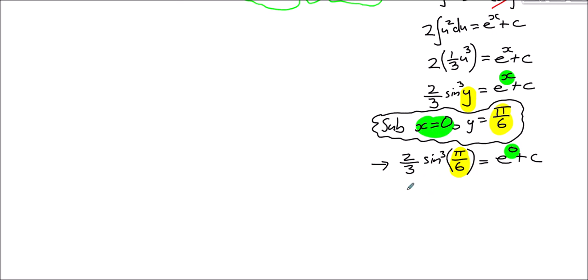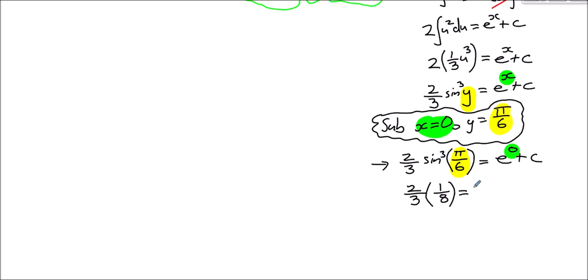So let's just fill in the details. So I've got 2/3 sine of pi over 6. Well, if you try that, you should find sine of pi over 6 is a half. It's the same as sine of 30 degrees in normal degrees. So if I take a half and cube it, half multiplied by a half multiplied by a half is going to be 1/8. So 2/3 of 1/8.